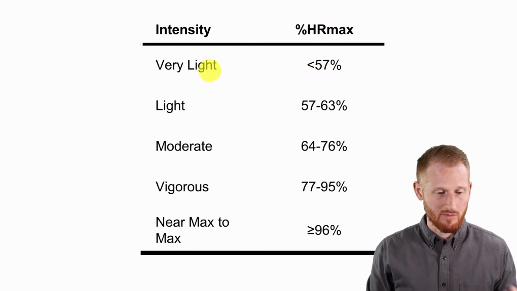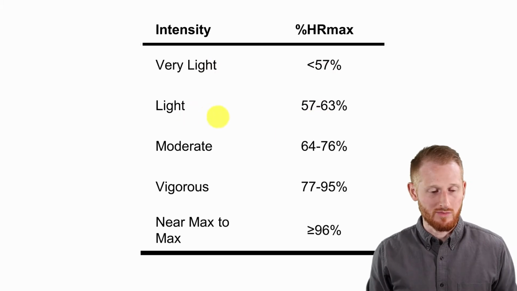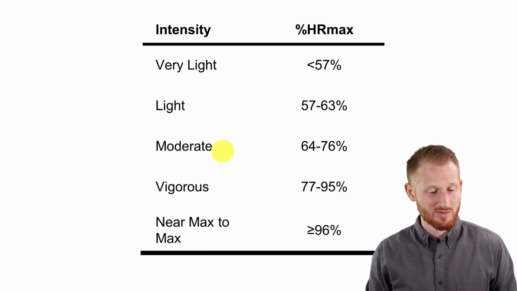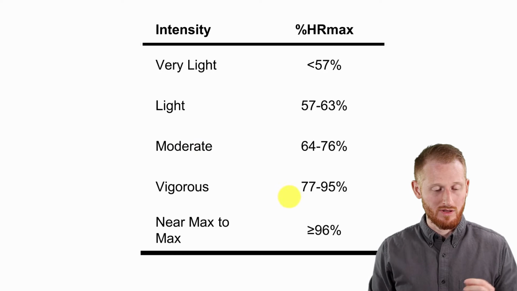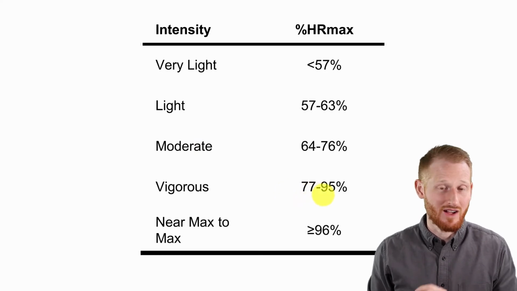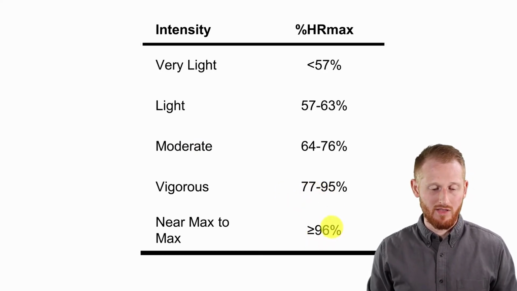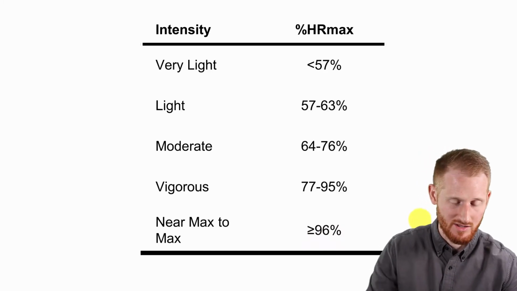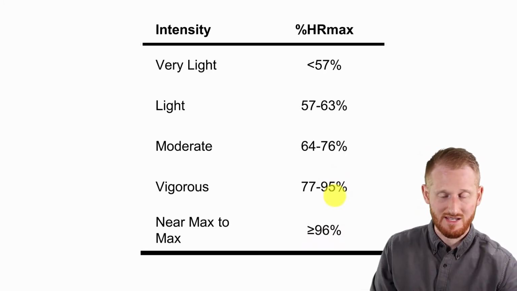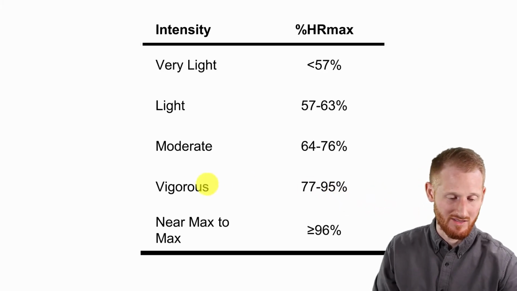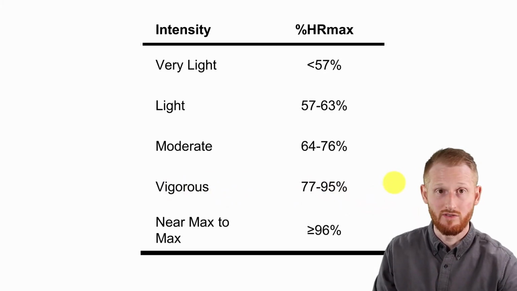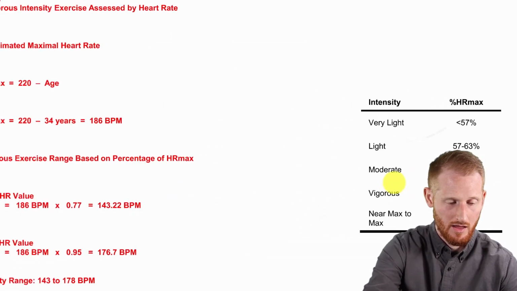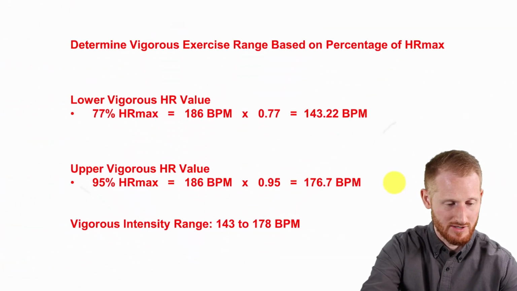Less than 57% would be very light, 57 to 63 would be light, 64 to 76% moderate. Where we want to be vigorous is 77 to 95%, and above that would be near max or maximal exercise. So we're going to be going off of 77 to 95% because that is associated with vigorous intensity exercise.